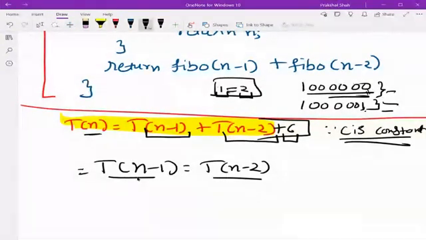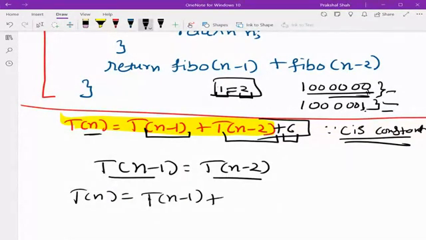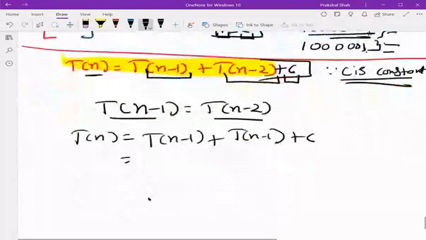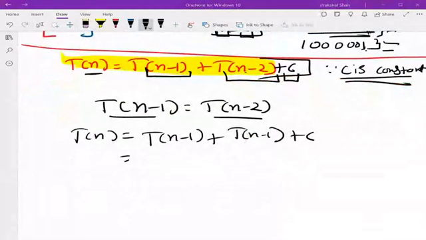Okay, now what I will do, I will put this n minus 1 or n minus 2 in my original equation. Let's say T of n minus 1 equals 2 into T of n minus 2 plus c.